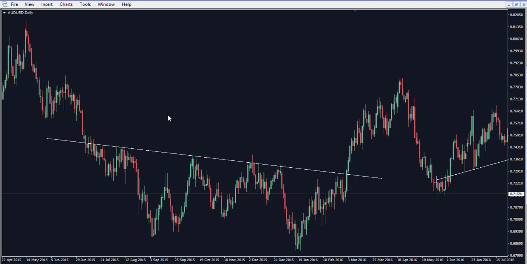Yeah, and then a trend line identifies a trend. To make it easier, a trend line is like an indicator. It shows us the current direction the market is moving at, and then the momentum, the strength, and everything like that. So that's the goodness of the trend line.